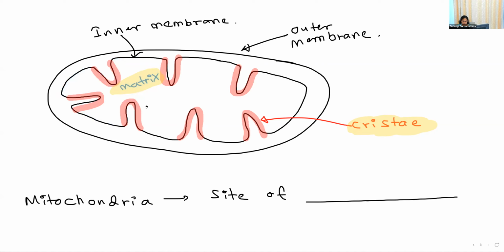The most important two parts for cellular respiration are the matrix and the cristae. The mitochondria's main function is that this is the site of cellular respiration, or you can say this is the site of ATP production.